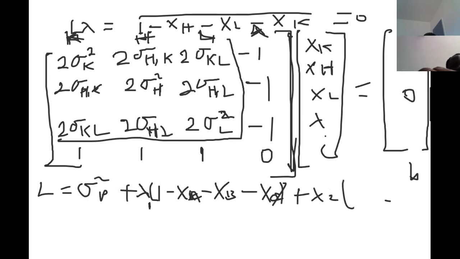Then I'm going to have the portfolio return, mu of the portfolio that they want me to get, minus XA multiplied by RA, minus XB multiplied by RB, that's the return on B, minus XC multiplied by the return on C.